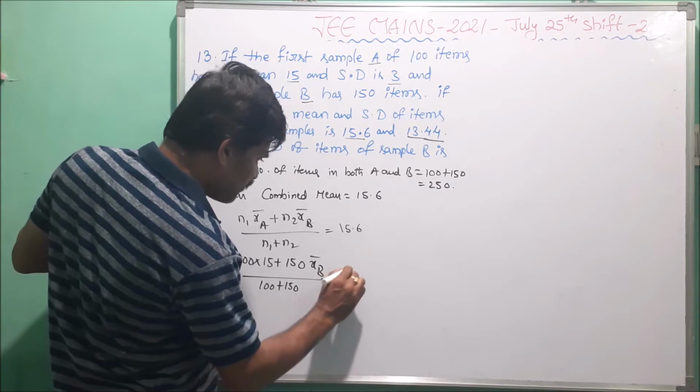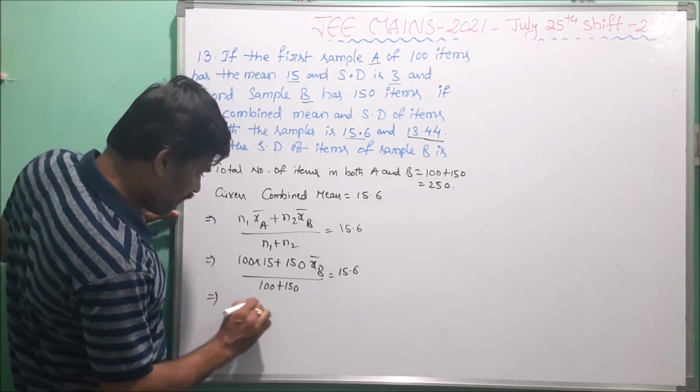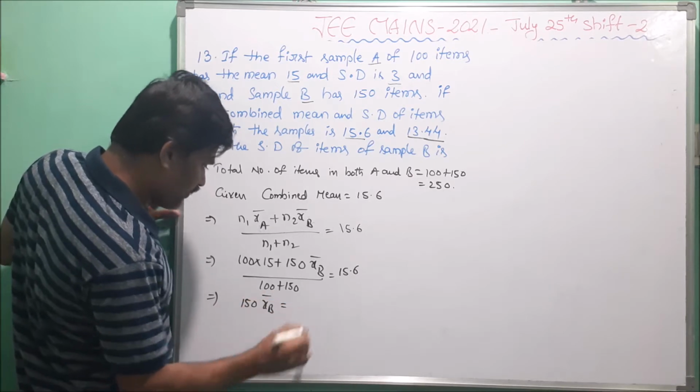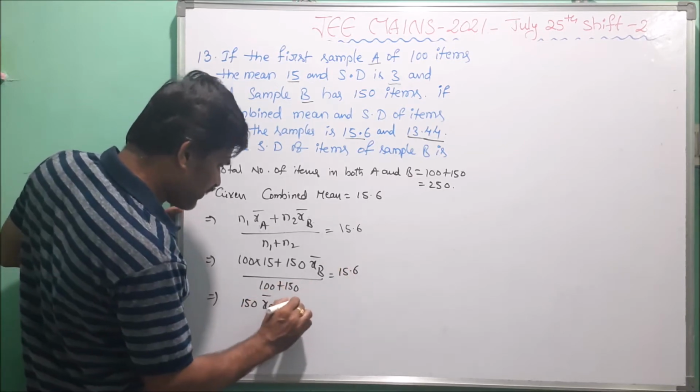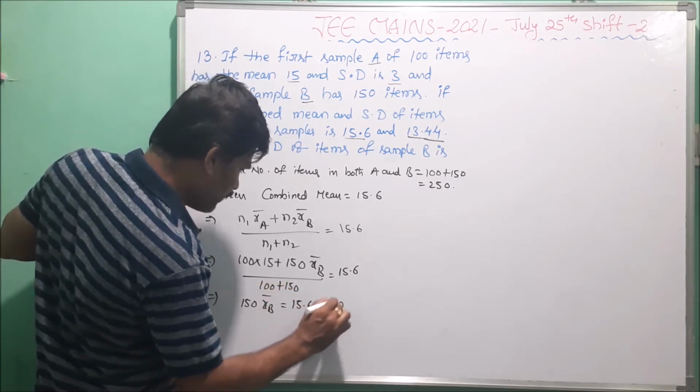That value will be equal to 15.6. Now simplify: 150 into X B bar equals 15.6 into 100 plus 150, that is 250.